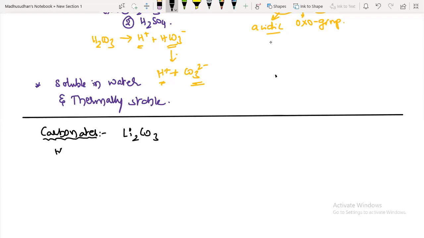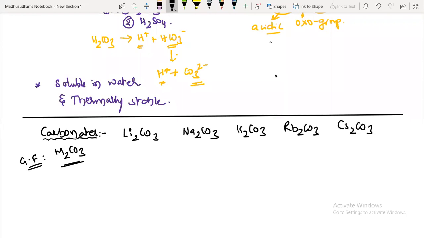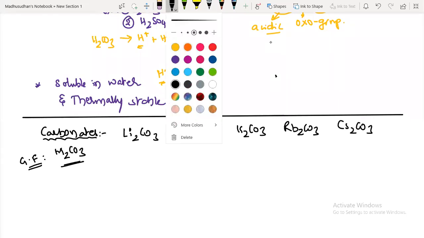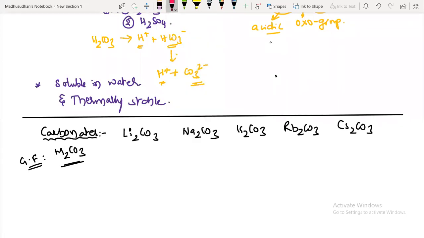The general formula of a carbonate is M2CO3. Lithium carbonate, sodium carbonate, potassium carbonate, rubidium carbonate, and cesium carbonate. As you go down the group, the stability of carbonates increases.